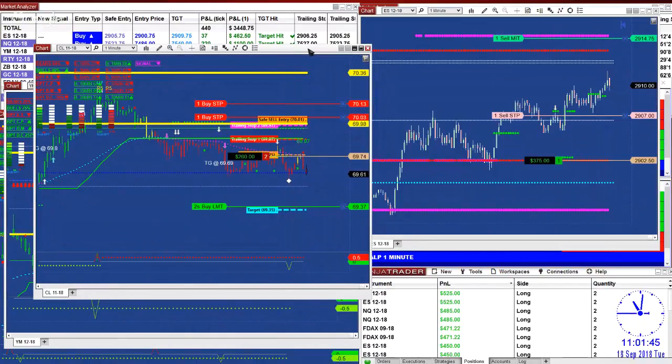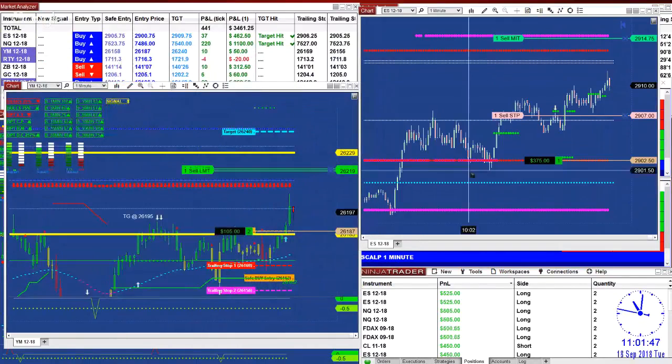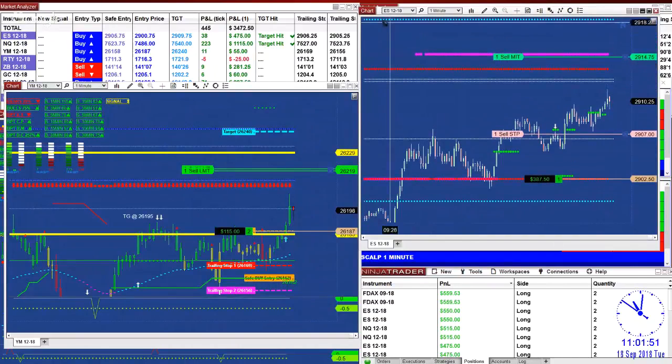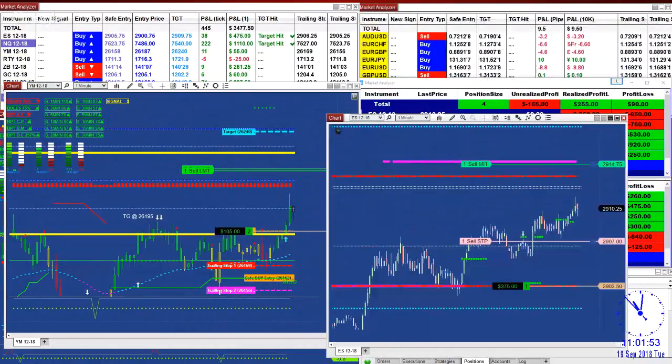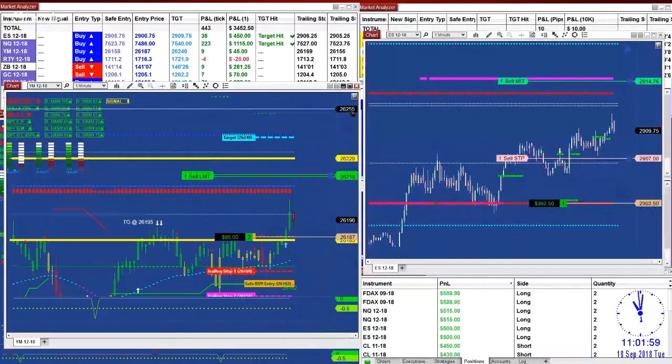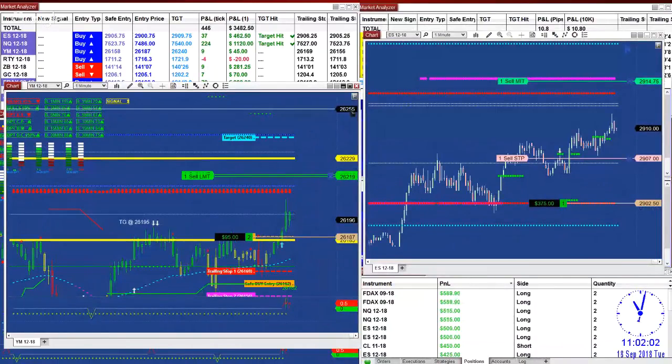Folks, it's very hard to cover everything for you when I'm trading three different systems. I apologize, sometimes I get late on covering something, but there is nothing I can do. It is really hard to cover everything at the same time.